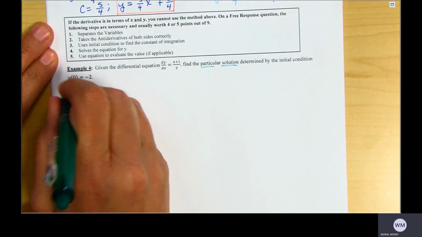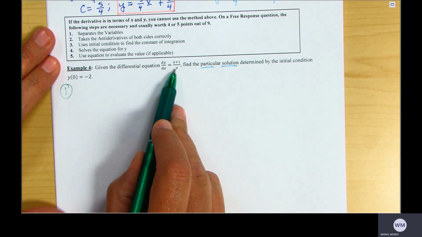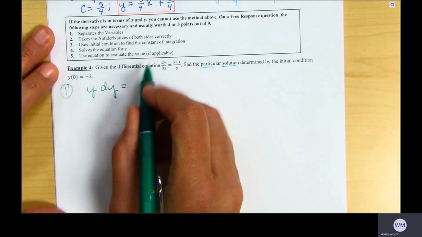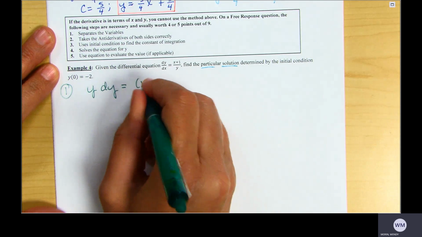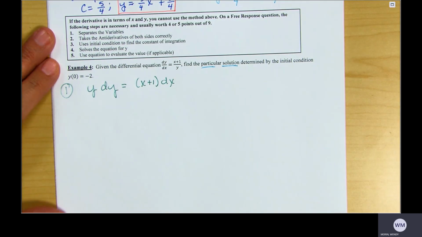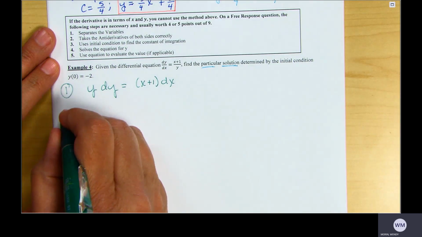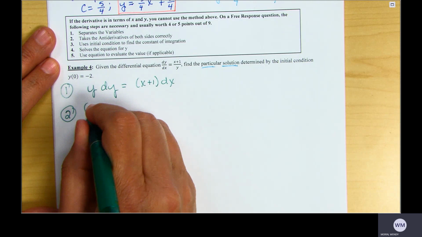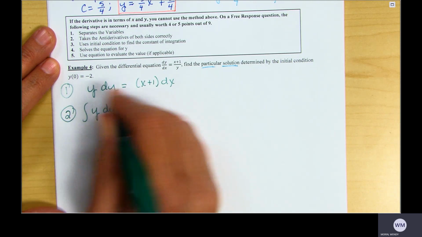So step 1, separate the variables. So that's y dy. Now be careful here. This is x plus 1 dx. Okay. Step 2 is to integrate both sides. And again, you can do that right within step 1.